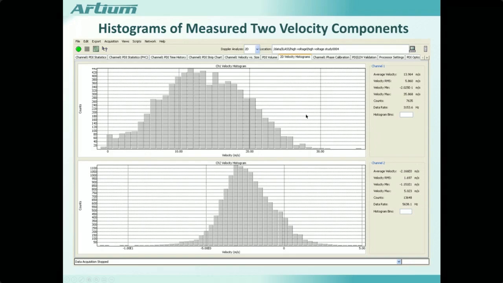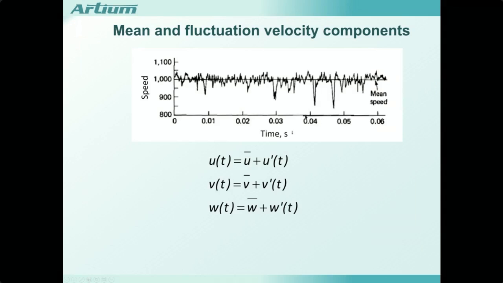So with that, we can look at turbulence measurements. Generally, turbulence measurements are reported in terms of a mean and fluctuating velocity component. And I've shown here a continuous record of a fluctuating velocity measurement for a turbulent flow.